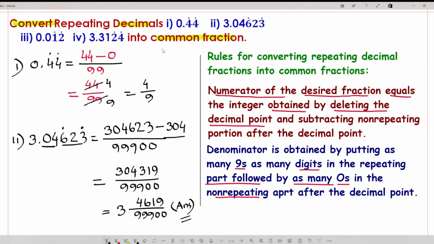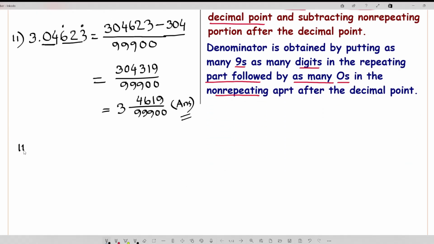Next question. Number 3, 0.012, where 12 is the repeating decimal. As per the rule, first we write 12 because we are deleting the decimal point.